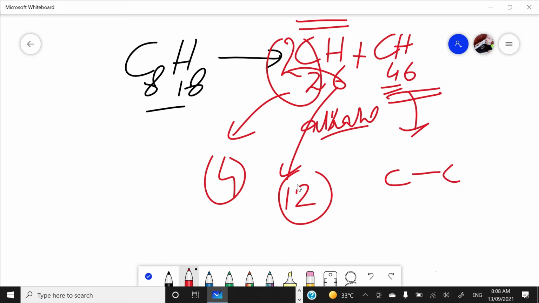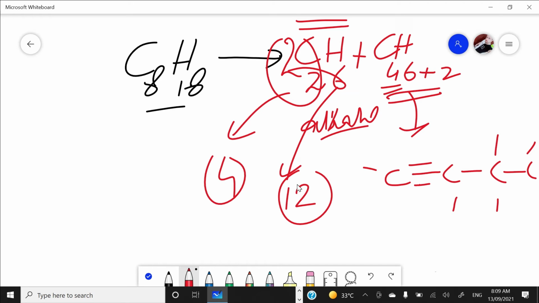C, single C, single C, and single C, 4 carbons. Okay. If it could have been an alkene, there should have been 2 more hydrogens in it. It means there's a triple bond involved in it. 1, 2, 3, 4, 5. This is an extra bond now.